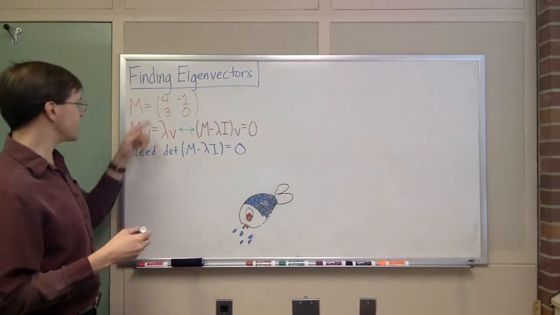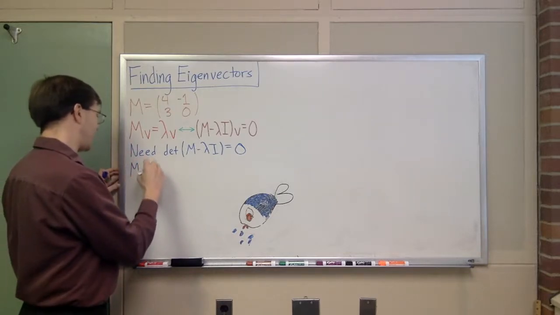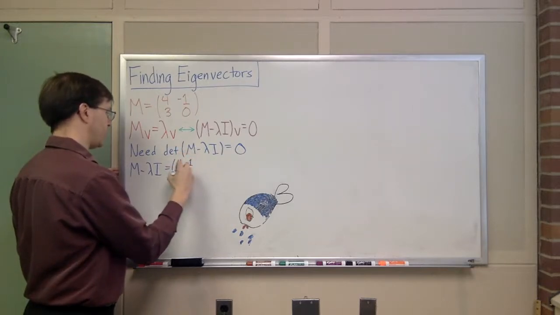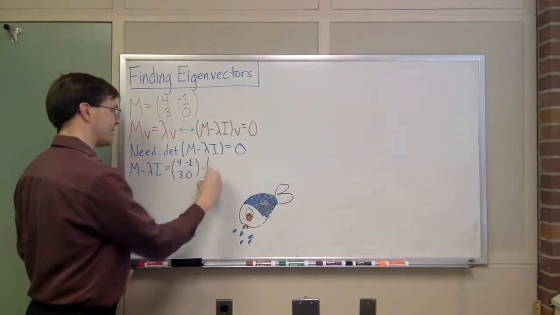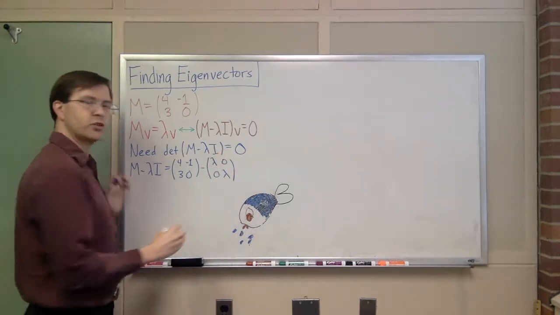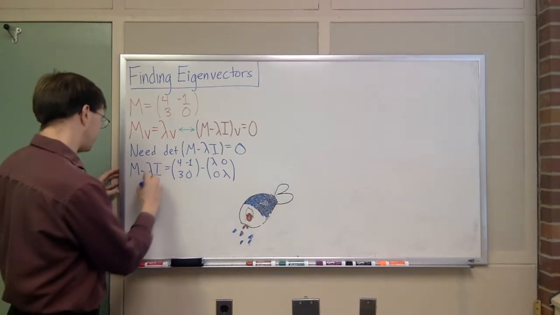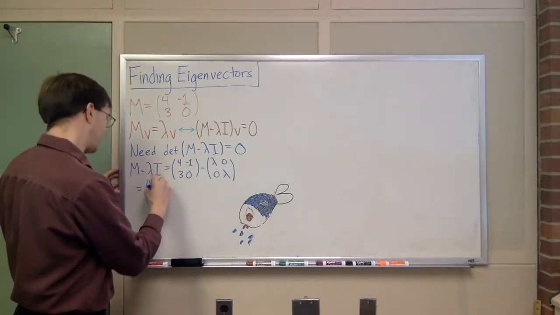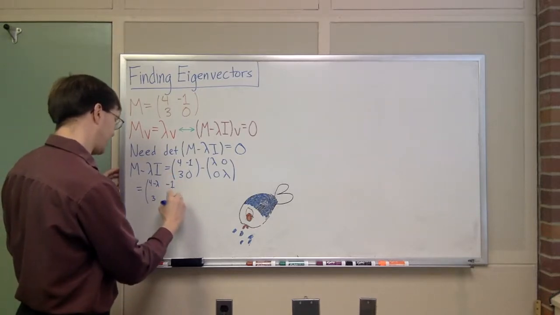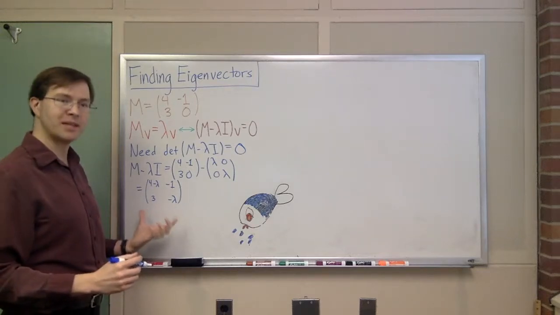In this case, this is my M, so M minus lambda I is going to be 4, -1, 3, 0, minus lambda I, which is lambda, 0, 0, lambda. That's my 2 by 2 identity matrix. And so I can just go through this. This is equal to 4 minus lambda, -1, 3, and minus lambda. That's my M minus lambda I matrix.